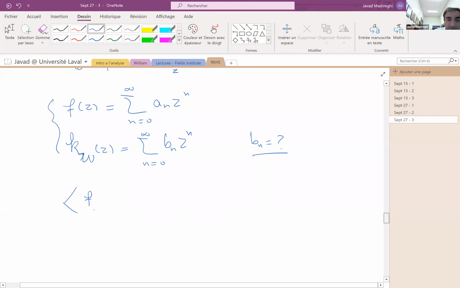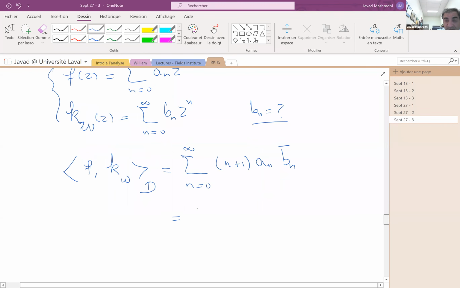The inner product of f and k_w in D, by definition, is the sum from 0 to infinity of (n plus 1) a_n b_n bar. That's the definition of inner product, which I write as the sum from 0 to infinity of a_n times (n plus 1) with b_n bar. This is one thing.